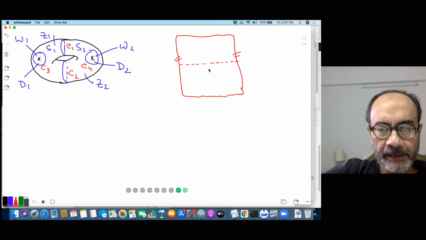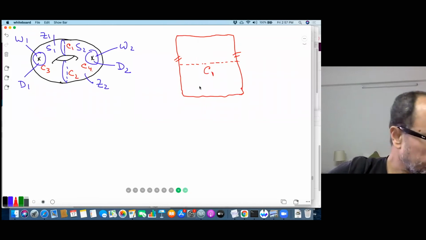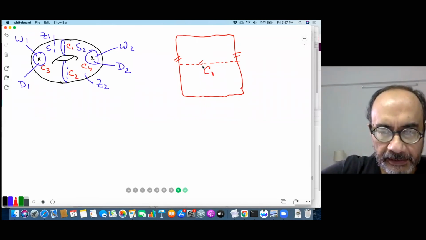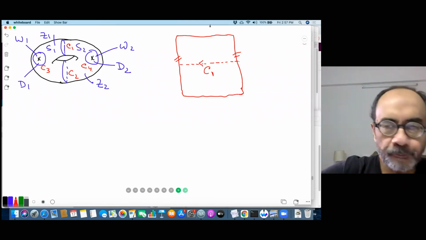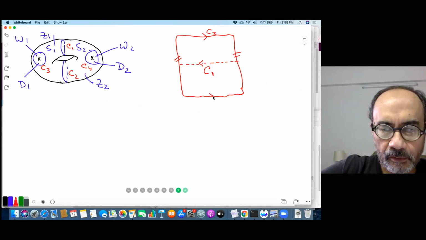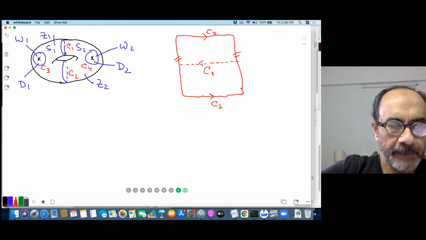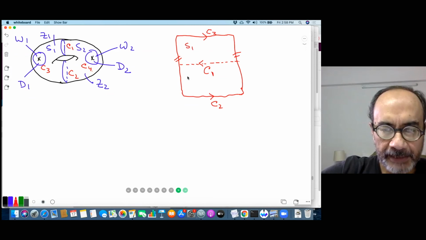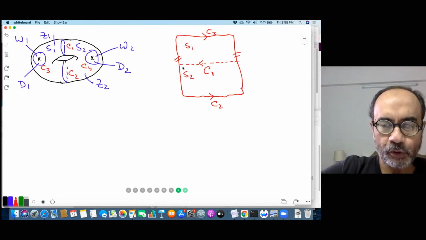So this will be C1. I take orientation this way. This will be C2. Because you see the S1 and S2, so this is my S1 and this is my S2. So S1 and S2 join both at C1 as well as at C2. So that's what we see here.